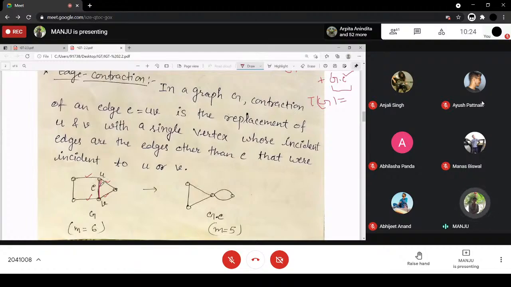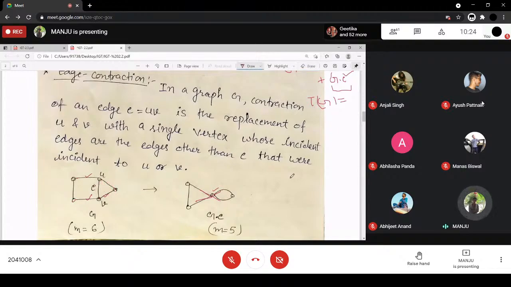Earlier it was 2 and 2, no? Now it is replaced with a single vertex. So this is happening. Clear? So these form multi-edges and this forms cycle C3. And earlier it was forming C4, no?